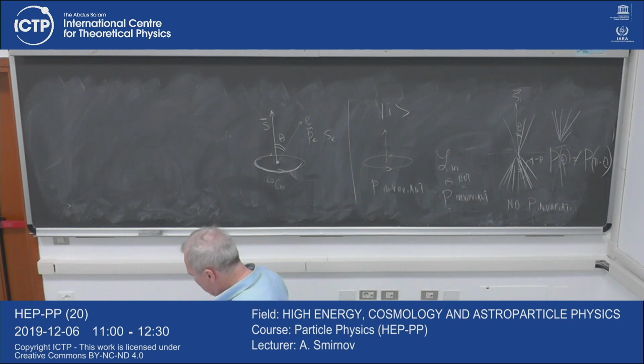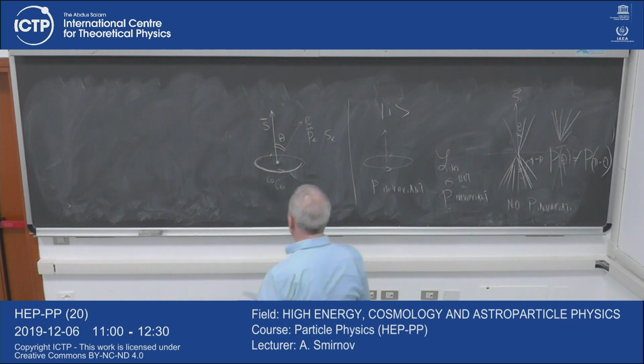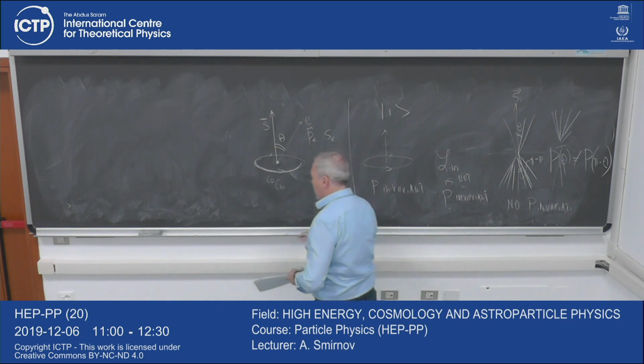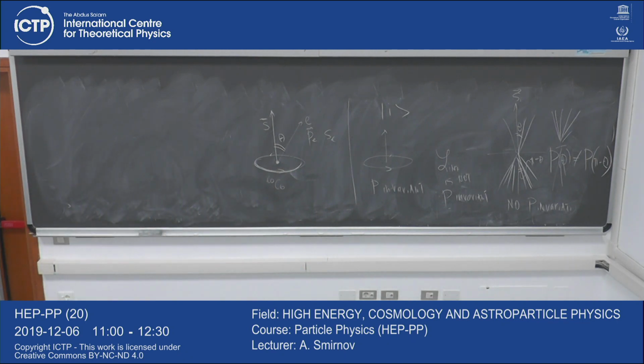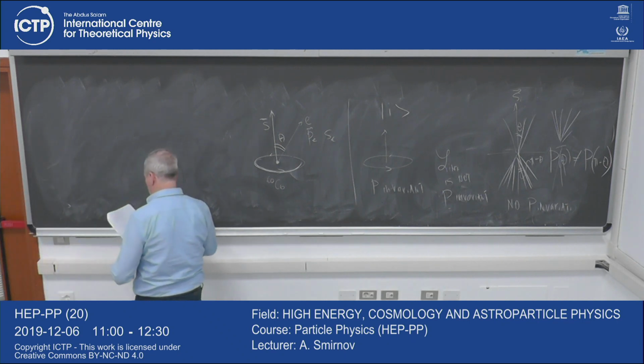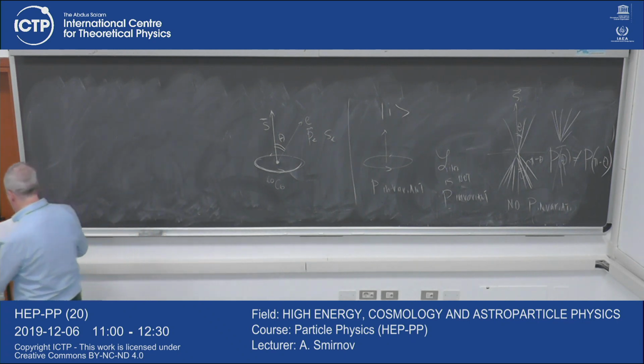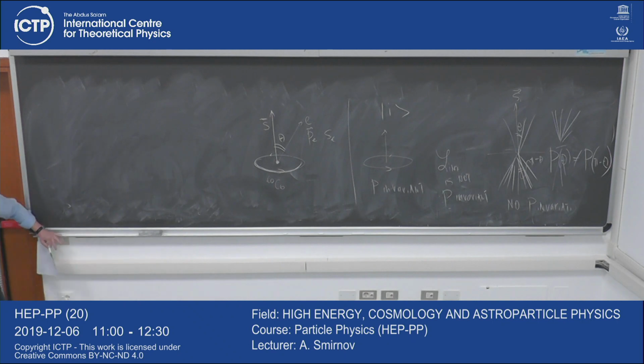So before that, I probably want to do one thing in, say, 5 minutes maybe. And then I will discuss the experiment itself on Monday. Now, if you introduce a parity violating Lagrangian, you need to make computations.